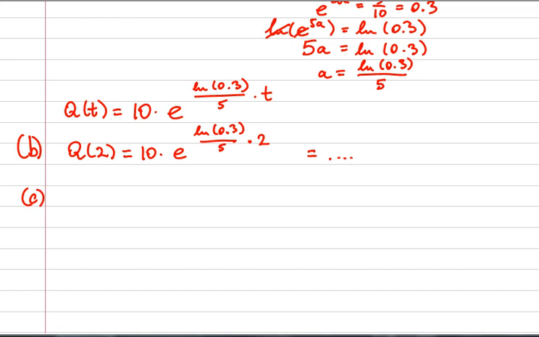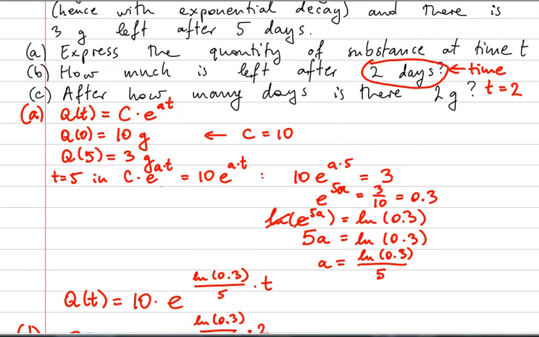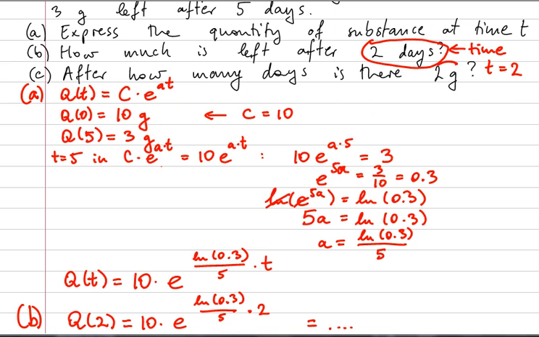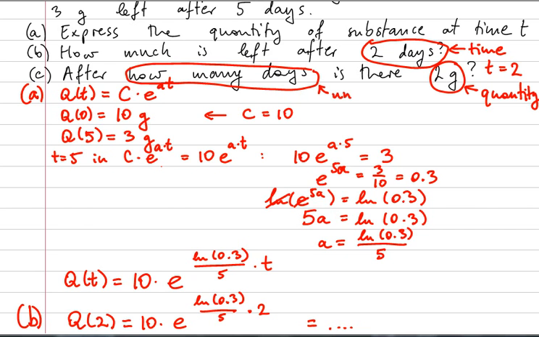Part C is asking after how many days is there 2 grams. So 2 grams, the units of measurement suggest, is measuring quantity in grams. So this is quantity. And after how many days means this is the unknown.